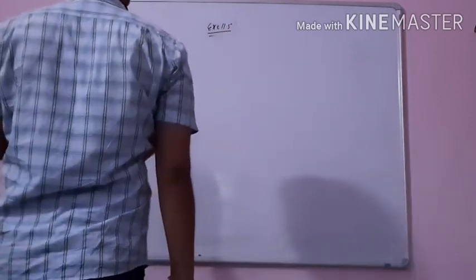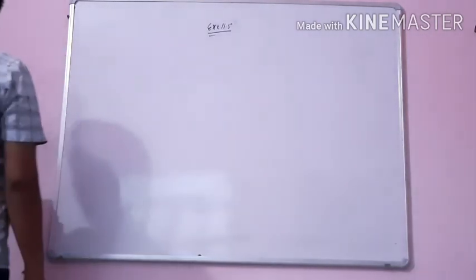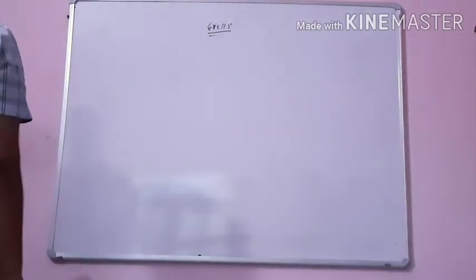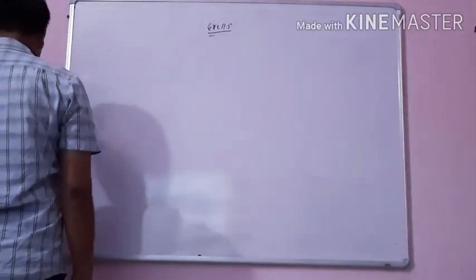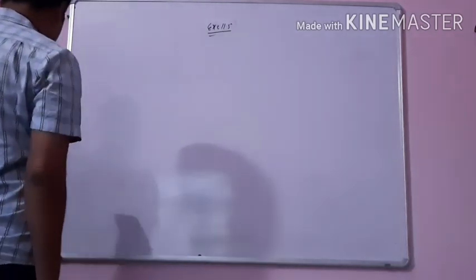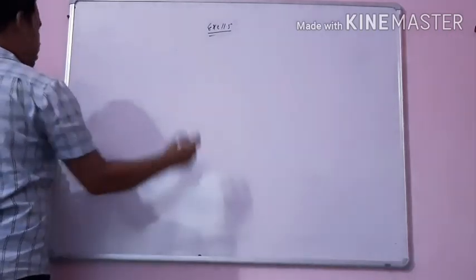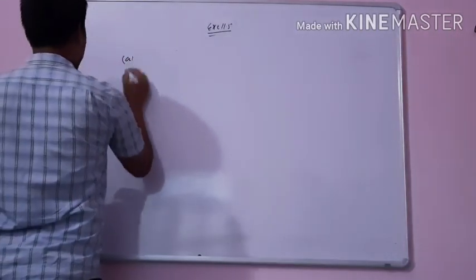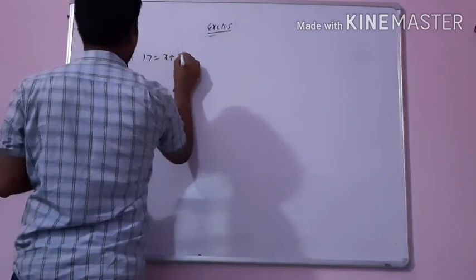State which of the following are equations with a variable. Give reason for your answer. Identify the variable from the equation with a variable. See, there are many expressions given. I am writing some, and first is 17 equals x plus 7.